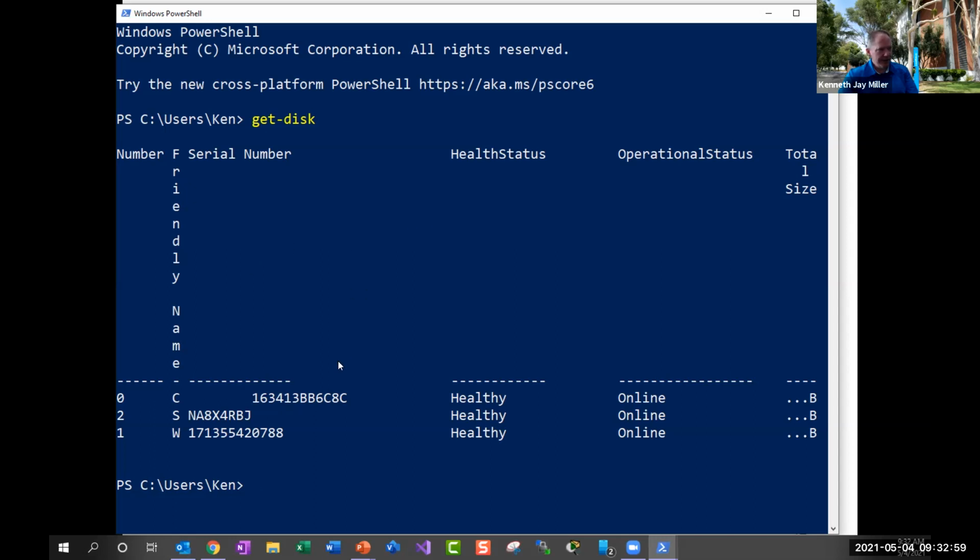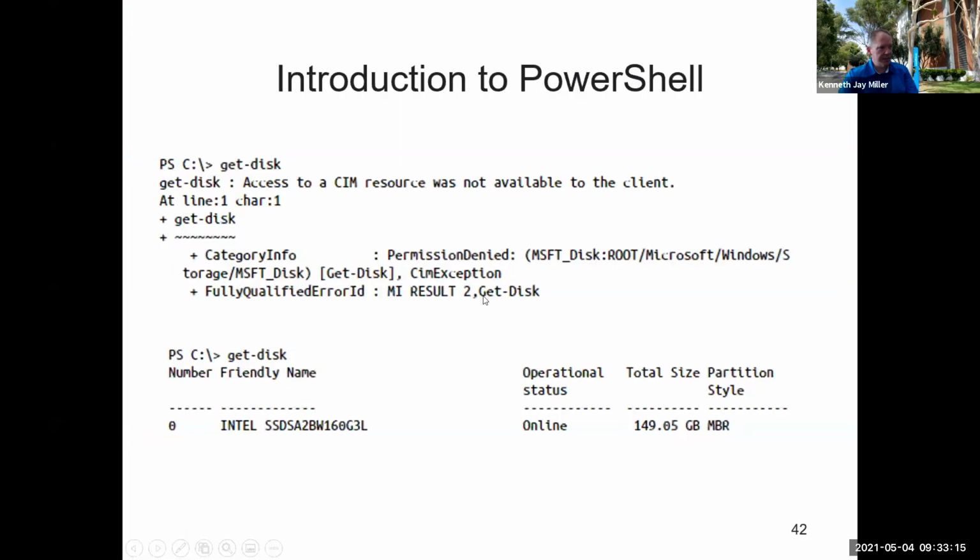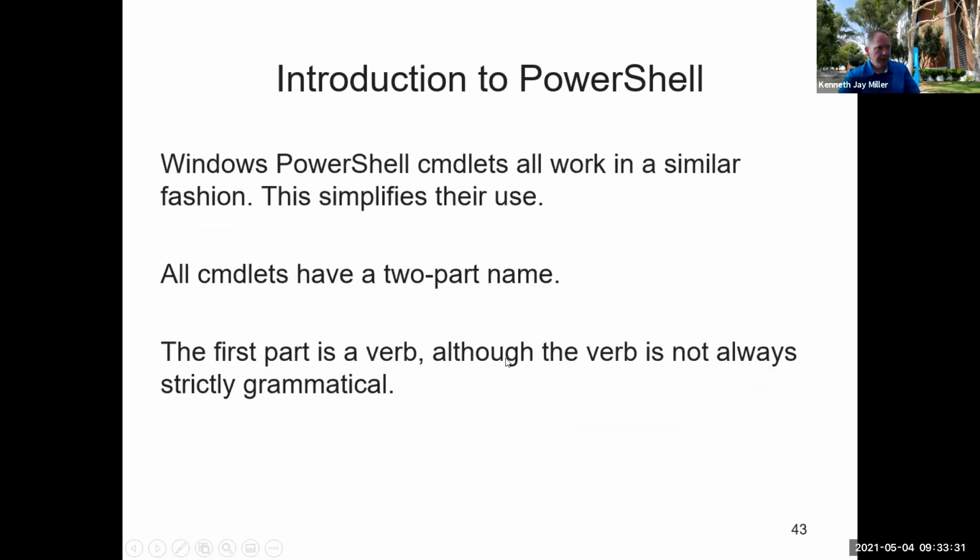This tells you what hard drives are in my computer. I have a C drive, the serial number is here, the computer name is there. Sometimes you'll get an error that access to the CIM resource was not available to the client. But if you run it as an admin, it will work and you'll see everything, right?